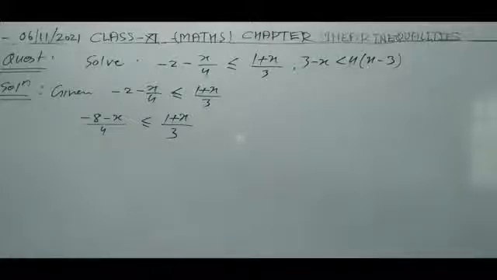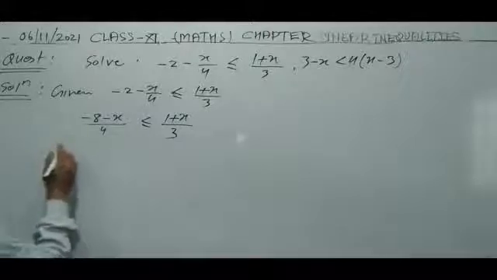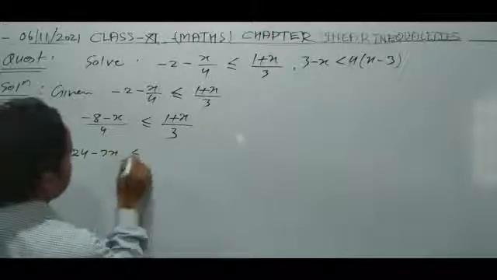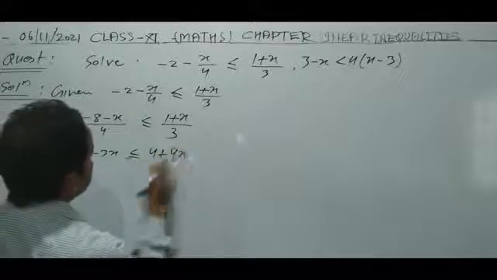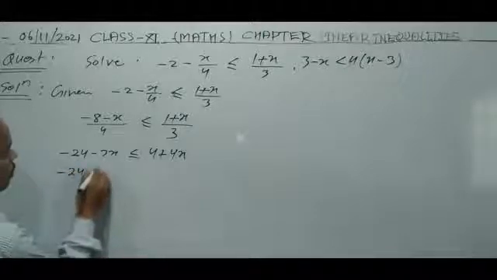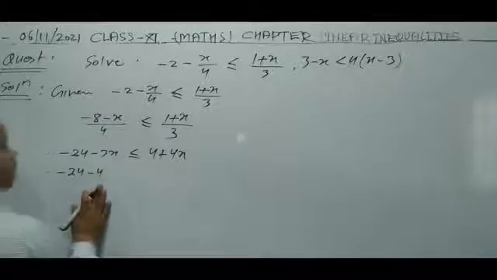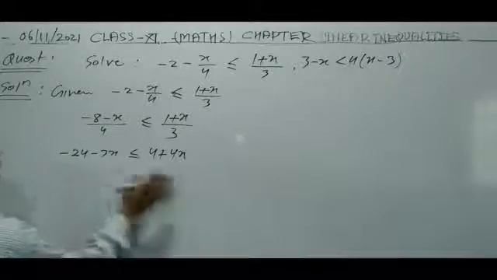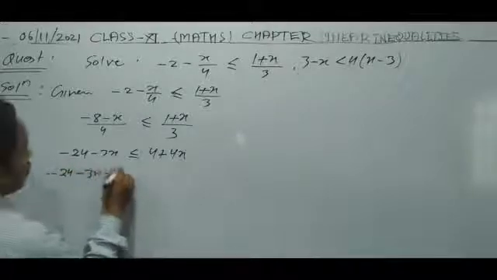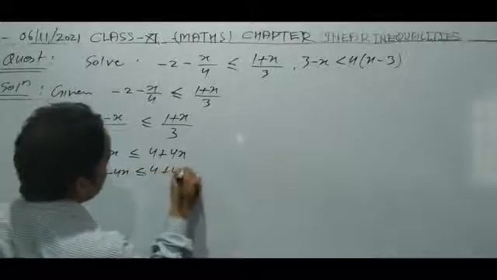The LCM of 4 and 3 is 12, so multiply by 12 on both sides. So after solving, what do you get as the result? You will get minus 24 minus 3x is less than or equal to 4 plus 4x. Now minus 4x on both sides. So minus 24 minus 3x minus 4x is less than or equal to 4 plus 4x minus 4x.